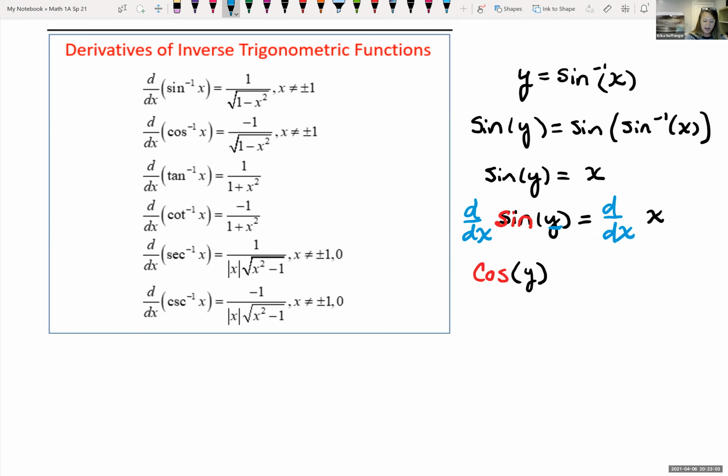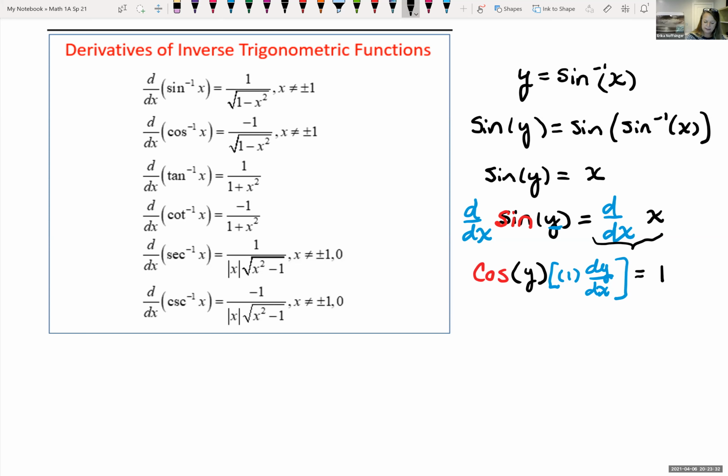So the derivative of y is 1. But y is a function of x, so that's where we had to put that dy dx. Or we could write f prime of x if we wanted to. So that was using our chain rule on the left-hand side. This is equal to, well, the derivative of x is just 1.